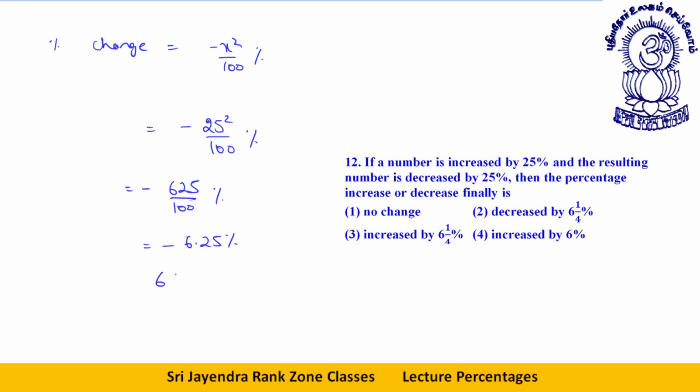In terms of option, this is 6 1 by 4% decrease. That is option 2, your answer, and I'm sure it must be clear to all of you. Okay, dear students, let's move further ahead.